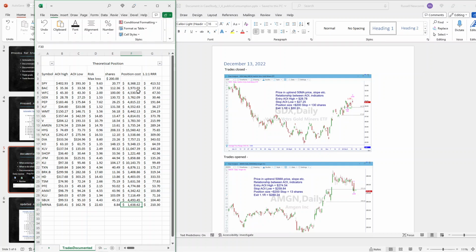What that does is, if I fumbled something like the number of shares or my entry, something like that, that is my maximum risk on the trade. As long as I'm long, that's my maximum risk.